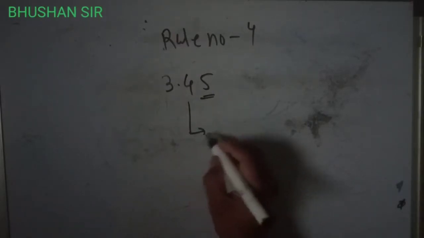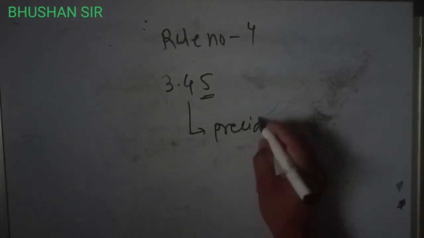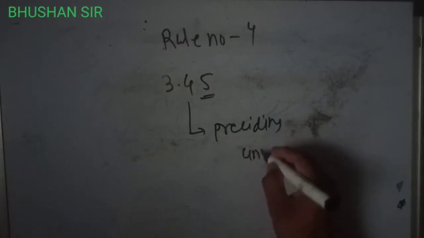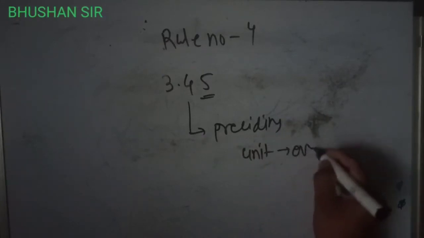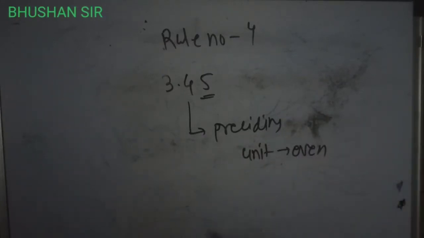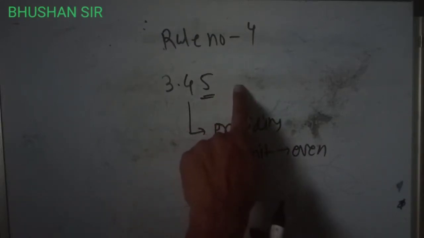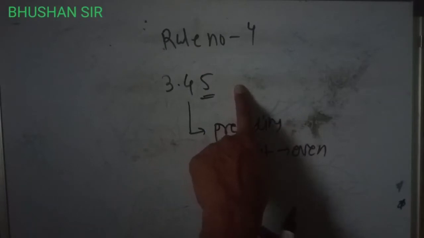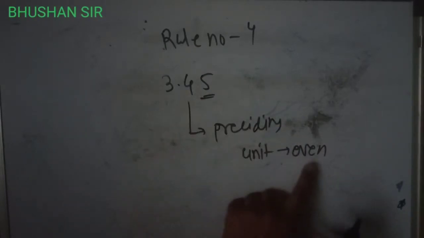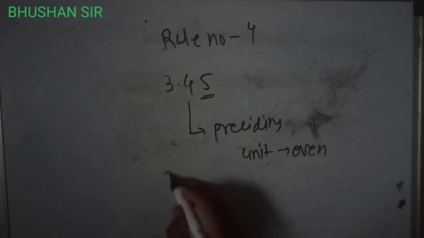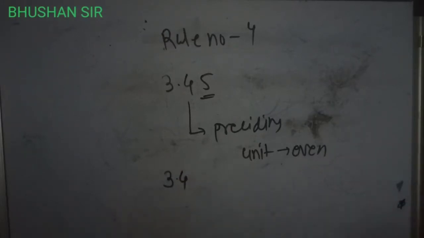This is the preceding unit, it is even. The digit to be dropped is 5 followed by 0, then the preceding unit is 4, which is even, but it is not changed. So the rounded figure is 3.4. This is rule number 4.